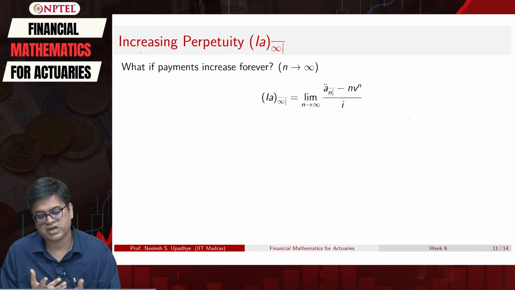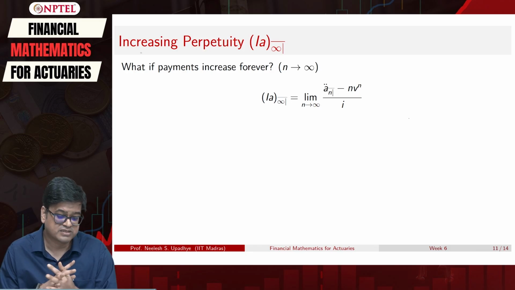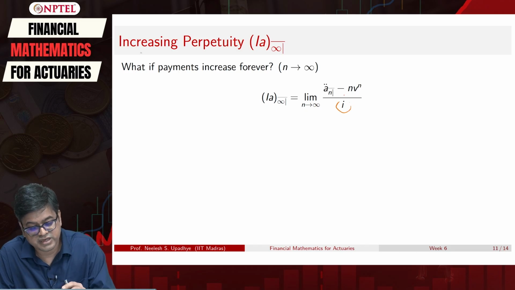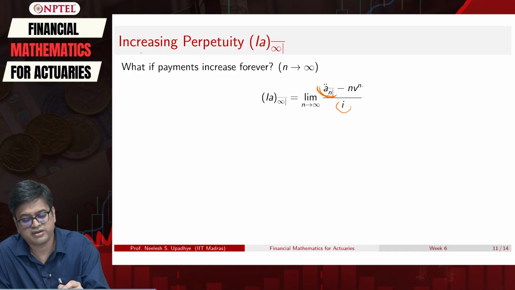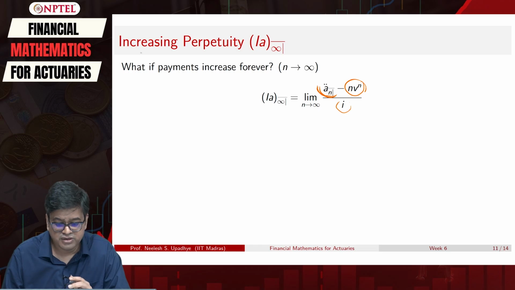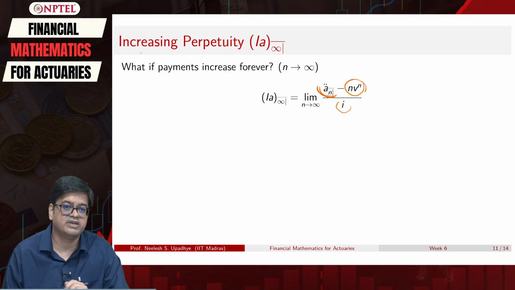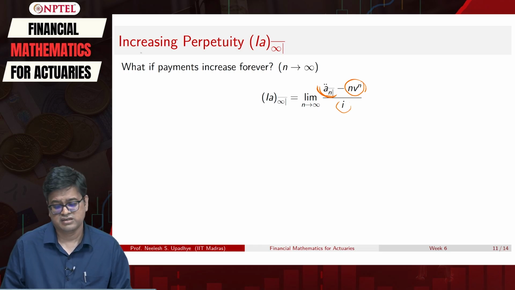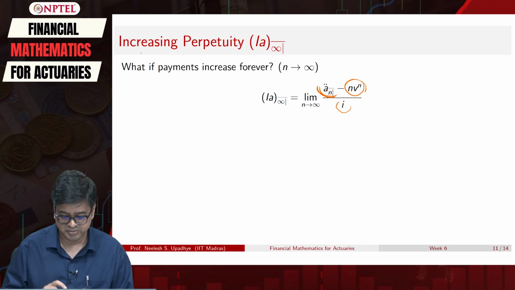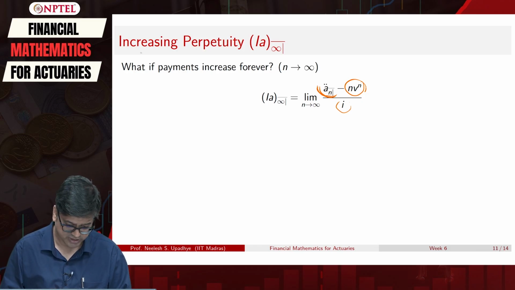So, what are the factors that are dependent on N? That is what we need to identify first. I is independent of N, so this is safe. A angle N and A double dot angle N are dependent on N, and N v raised to N. Now, look at the factor N v raised to N. Here N is increasing linearly, but v raised to N is exponential.